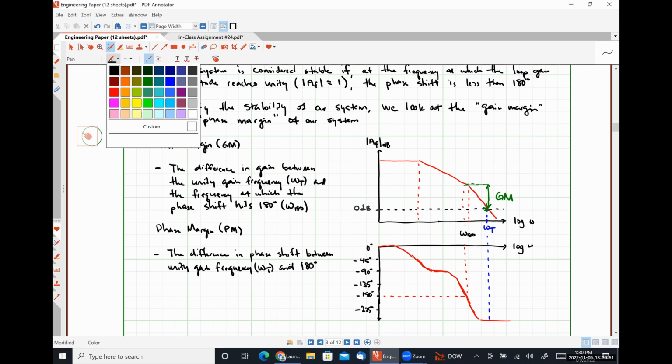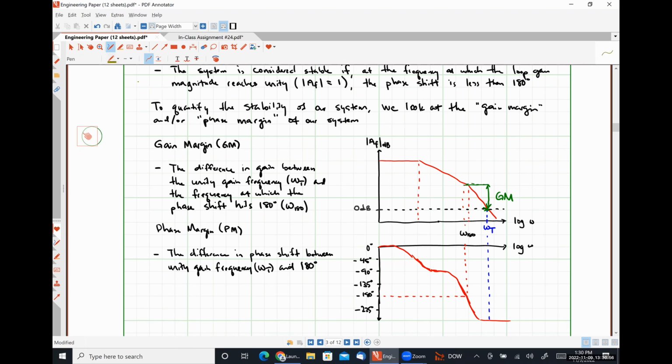So our phase margin, let's do this in this weird sickly color green for no apparent reason. That's going to be this quantity. It is also going to be negative because we hit a value more negative than negative 180 degrees when we hit a gain of 1.